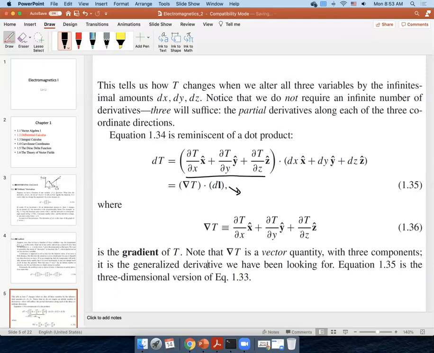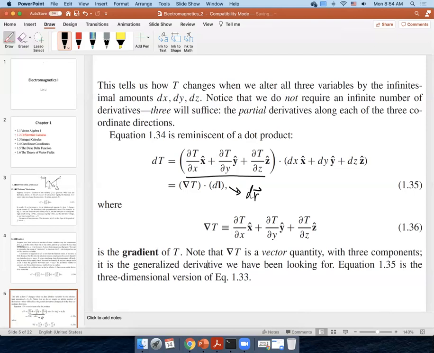In the last class, we explained that it's actually dr, the infinitesimal changes in the x, y, z coordinates. But usually we write this dr as dl. It's still a vector.